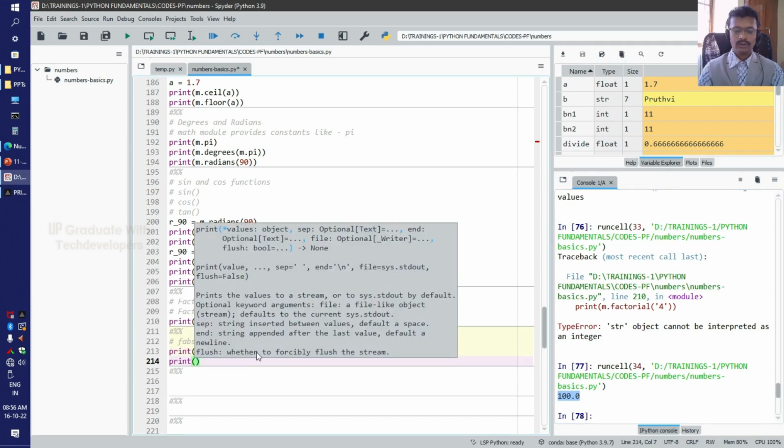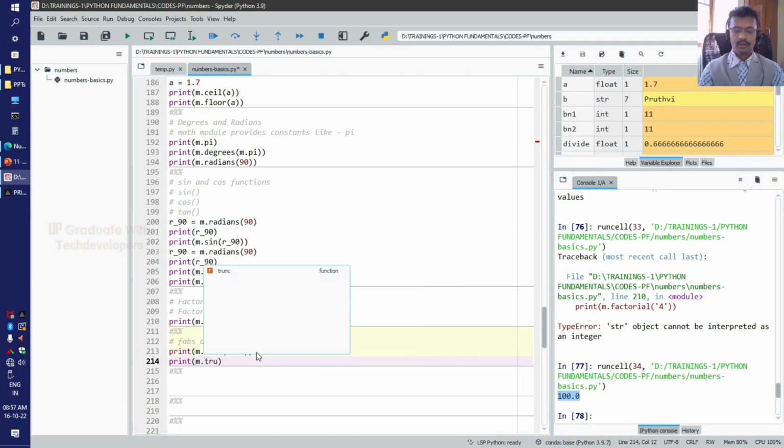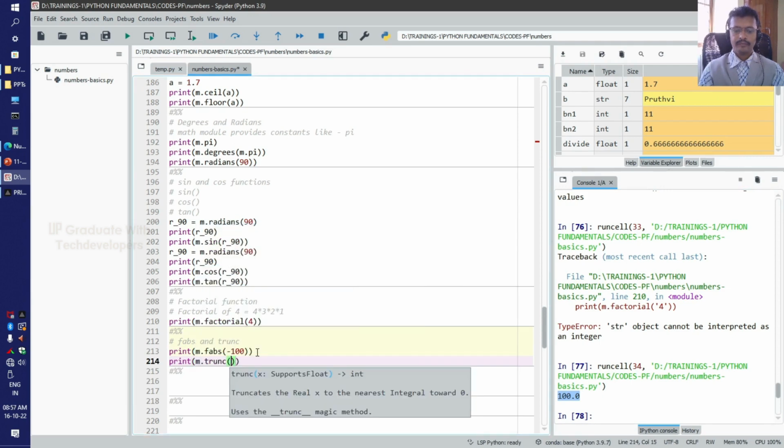Let us use the truncation method, m dot truncation method. It will truncate the real x to the nearest integer value toward 0. So let us use 12 point, for example 56. Let us see what happens.